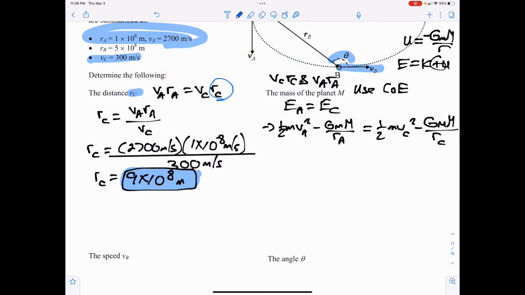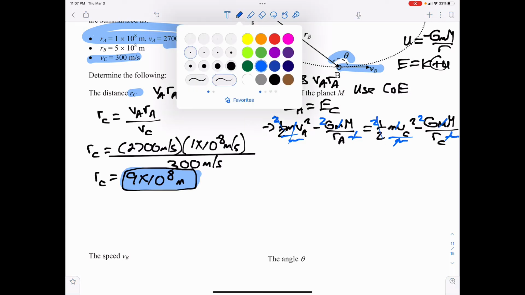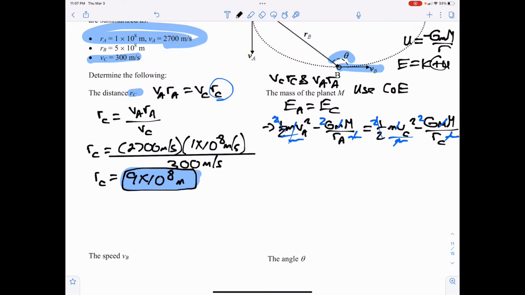Okay, so let's start solving this thing. Let's go ahead and multiply everything by 2. And notice there's a mass term. Let's divide everything by little m. Going to cancel all the little m's, and cancel the 1/2. Then I'm going to rearrange the terms.